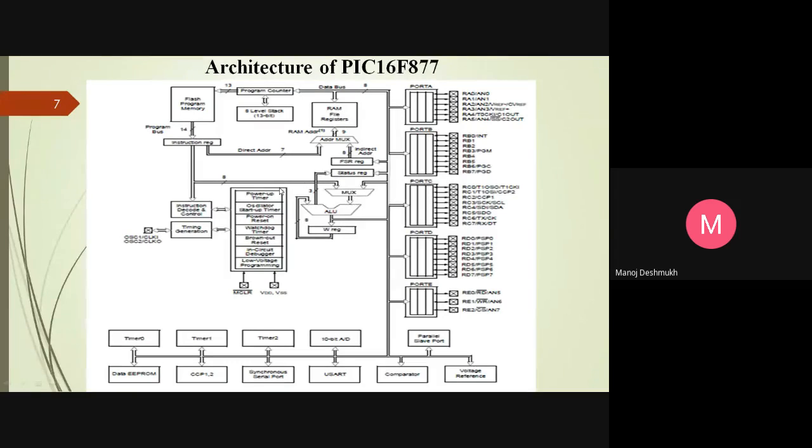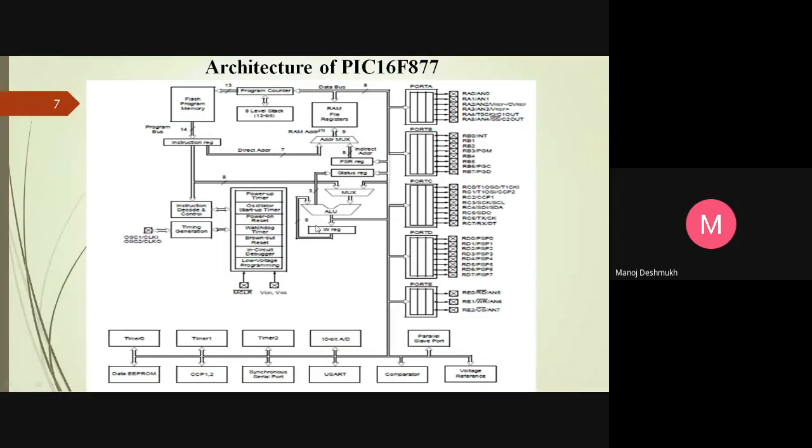After that, for ALU operations, arithmetic and logical operations, the mux is here and the actual arithmetic and logical unit is here. Similar to the accumulator used in 8051, we will use the W register here, and W stands for working register.